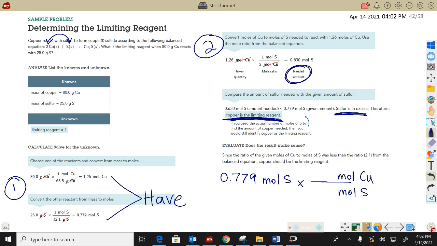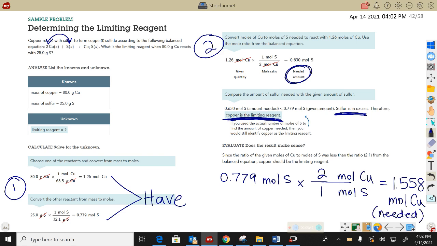Then I plug in the ratio from the balanced equation as 2 to 1. So when I plug this in my calculator, 0.779 times 2, I get 1.558 moles of copper. And now what's important is that this calculated amount is the amount of copper needed.